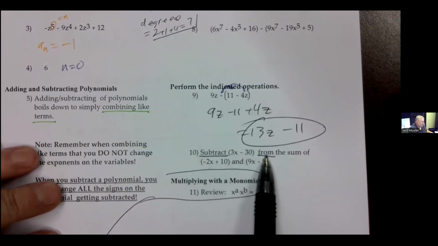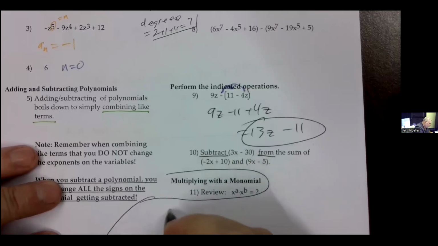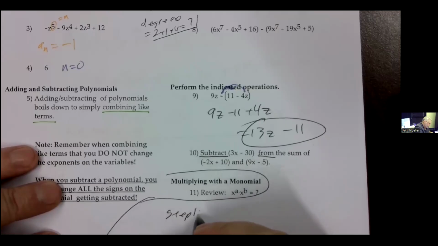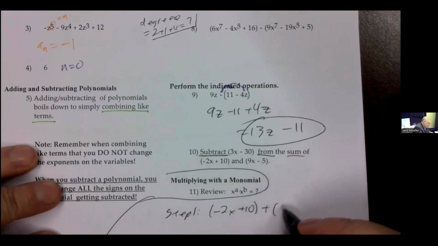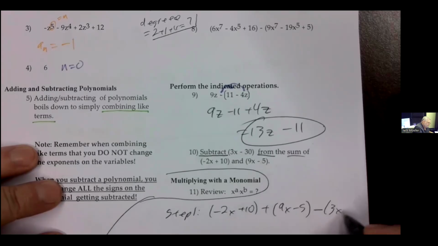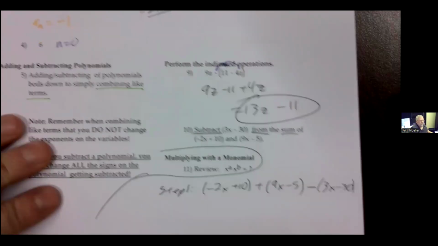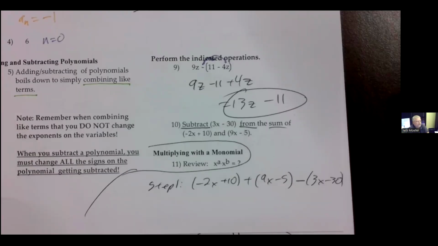But since that subtract from says we're taking this from that, step 1 would be negative 2x plus 10 plus, because it's the sum, 9x minus 5, and then minus 3x minus 30. So that would be the key on this problem, is recognizing that's how you would write it.